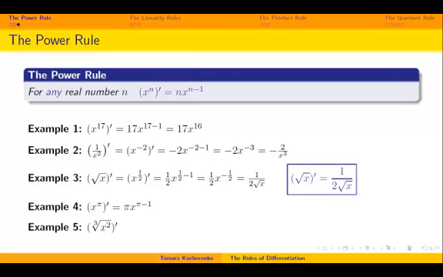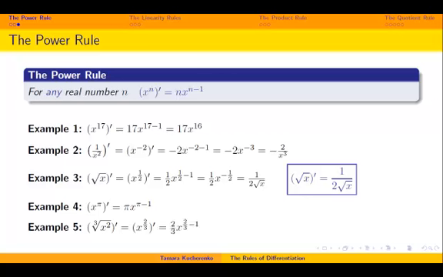Our last example is to compute the derivative of the cubic root of x squared. We rewrite it as x to the 2/3. Then we use power rule.